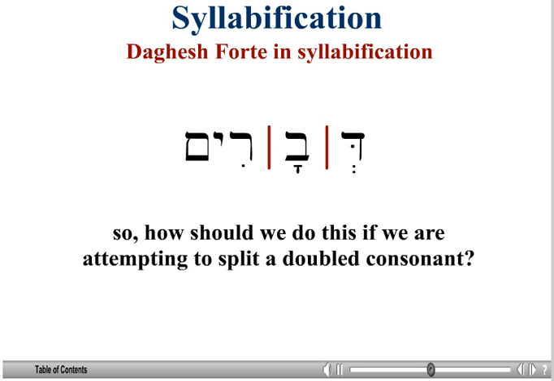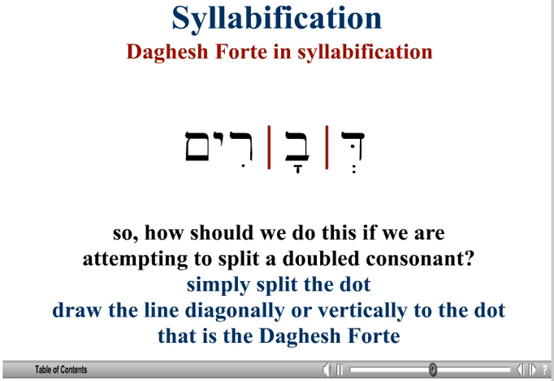The answer, simply split the dot. That is, draw the line diagonally or vertically only to the dot that is the Dagesh Forte. Thereby, you will indicate the division of the doubled consonant. This is a little different than what we suggest in the grammar in section 3.5, but it will be both easier and clearer.